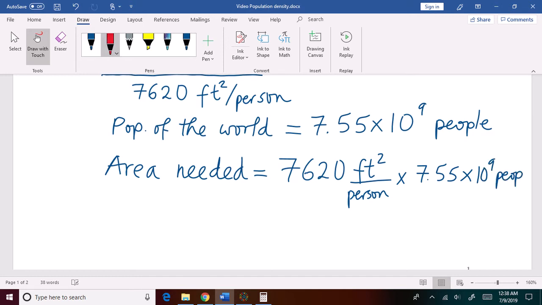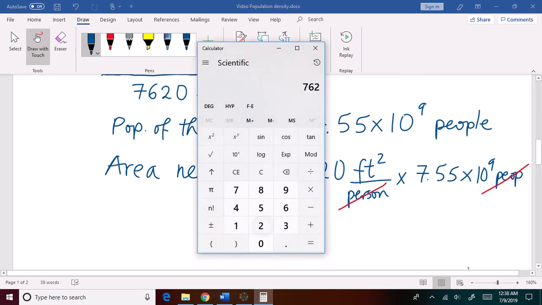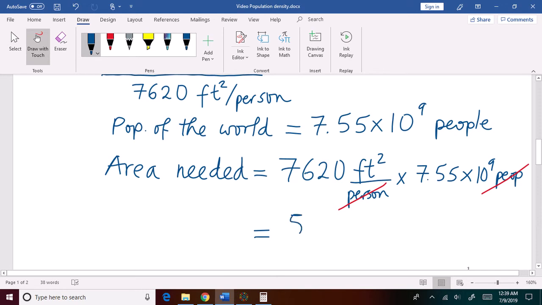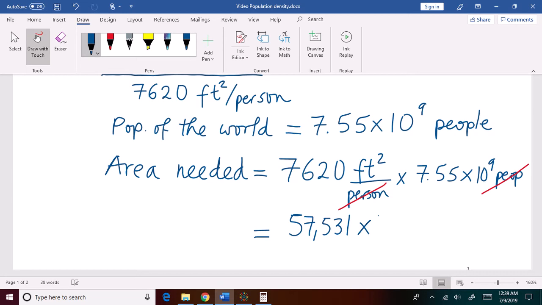You see these two will cancel, so we're going to get the area. So area required, let's go to the calculator. It's 7,620 times 7.55, so I get 57,531 times 10 to the 9 square feet is needed.